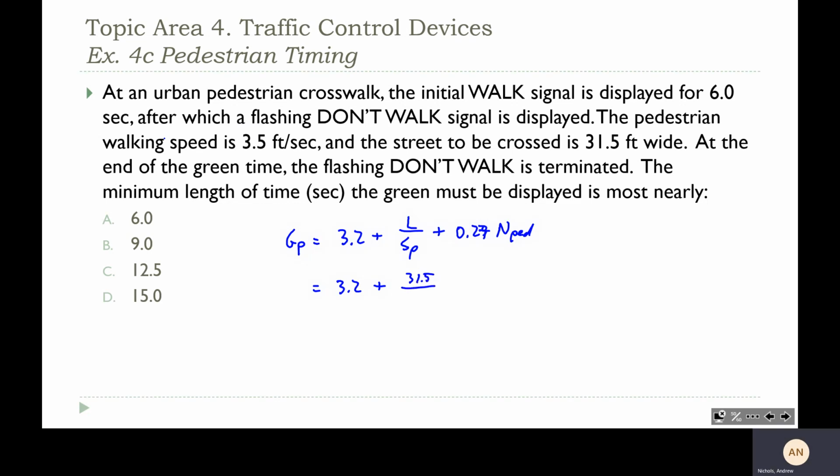S sub P is the pedestrian speed. You're given a default of 3.5, and we're told to assume 3.5 here as well. N_ped is the number of pedestrians in the interval. We don't have any information about that, so let's ignore it and see what we get. Calculate it.